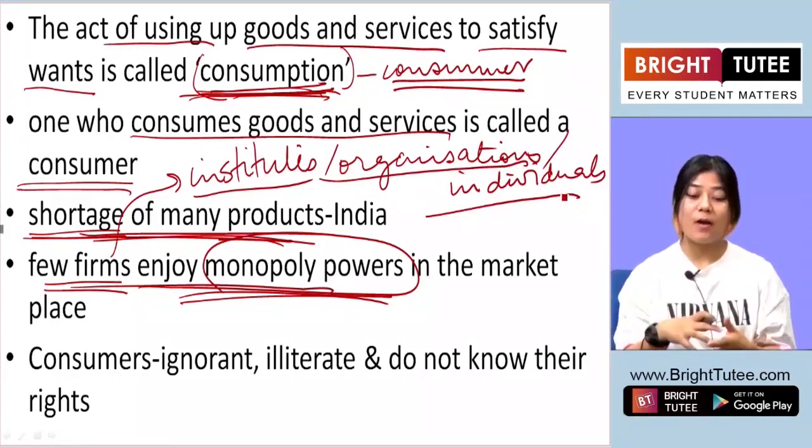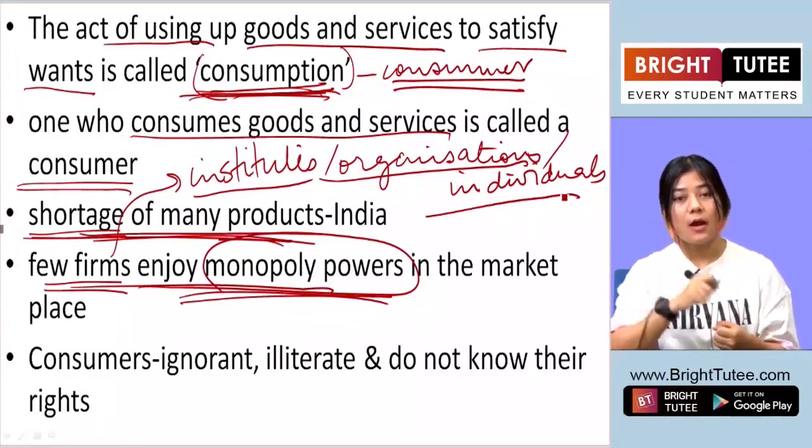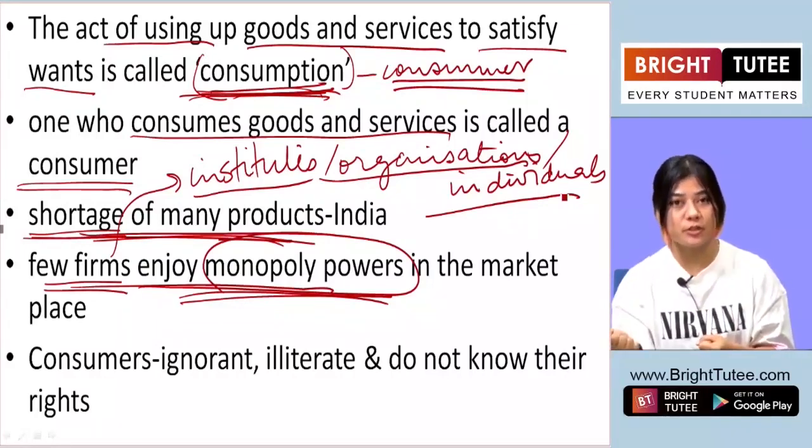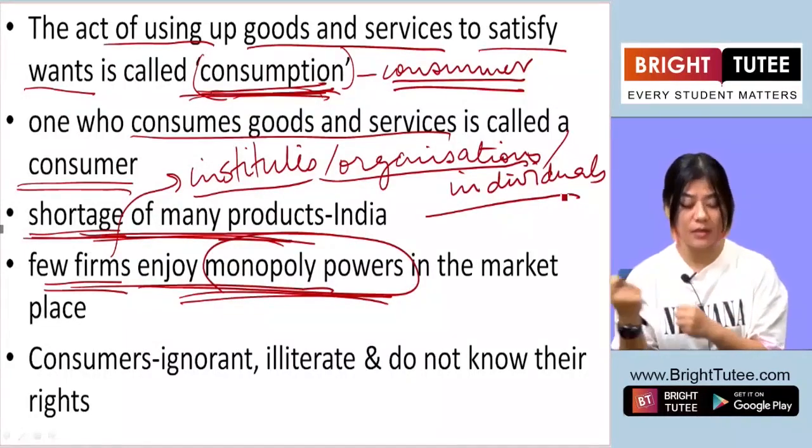They have power and control over the production of goods and services, and they also control how much is produced, and who is consuming the products that are being produced.